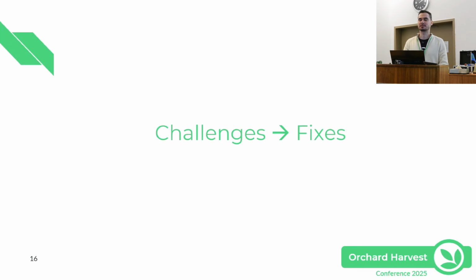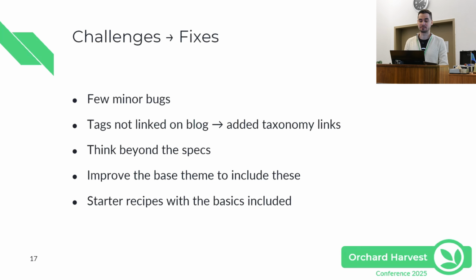Challenges and fixes. Well, since we are doing a case study here, I want to talk about challenges and issues that we faced and how we fixed them. There were a few minor bugs, styling issues, whatever, during the UAT that Chris and his team did. But there was one particular bug that actually annoyed me a little bit.